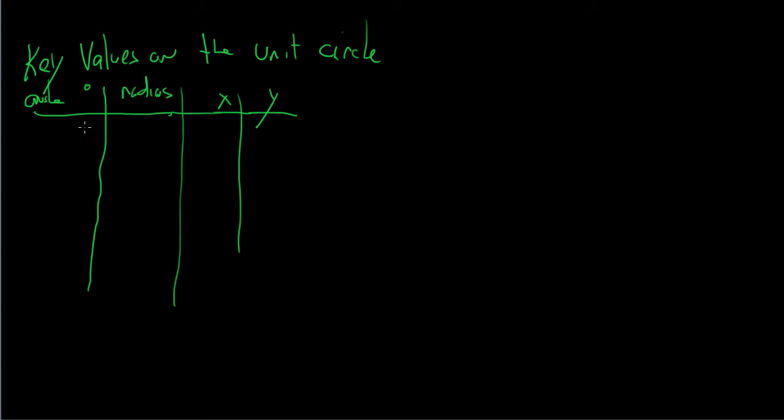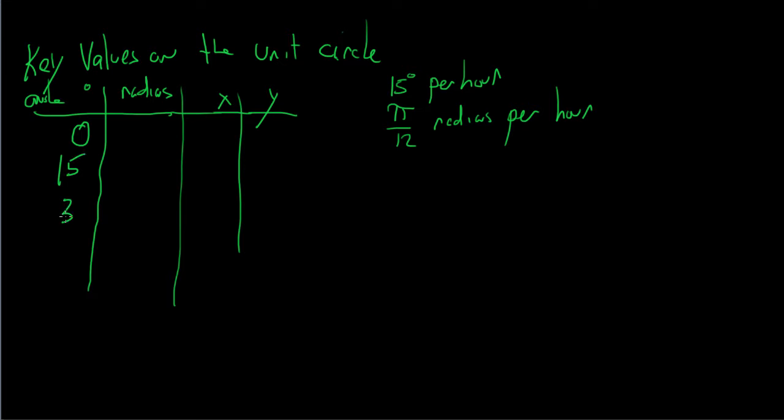And if we start here, knowing that the world shifts or rotates 15 degrees per hour, which is the same as pi over 12 radians per hour, we can realize that the key angles are 0, 15, 30, and 45.